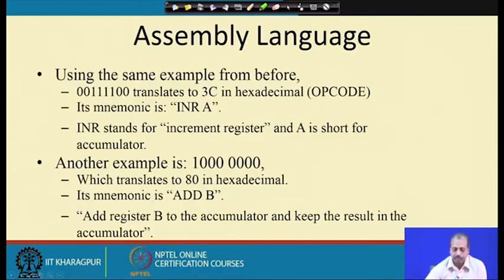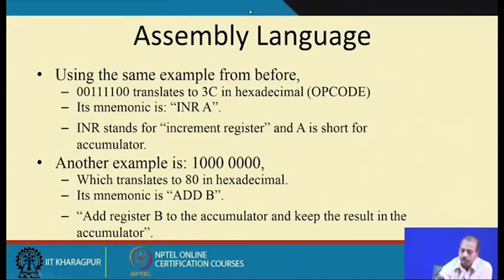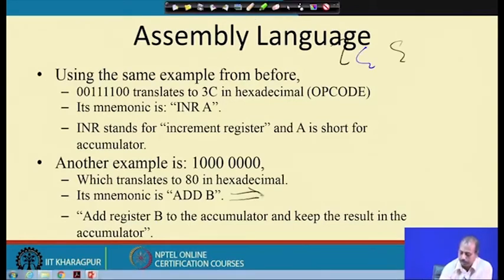It tells the 8085 microprocessor that the user wants to add register B to the accumulator and keep the result in the accumulator only. So, A gets A plus B.